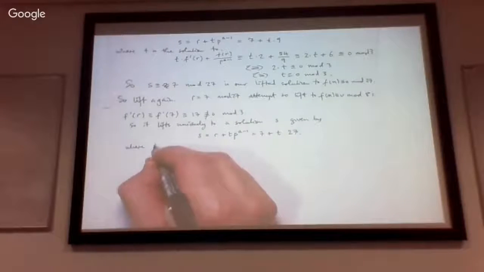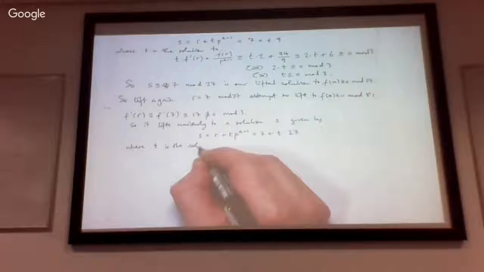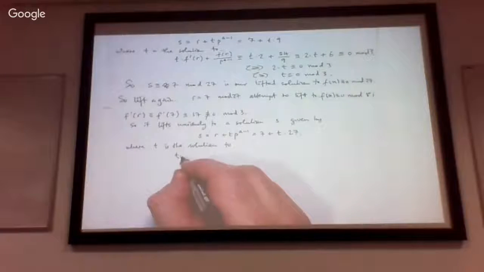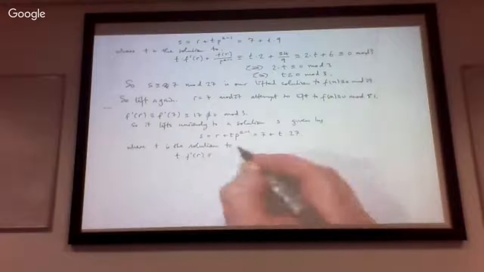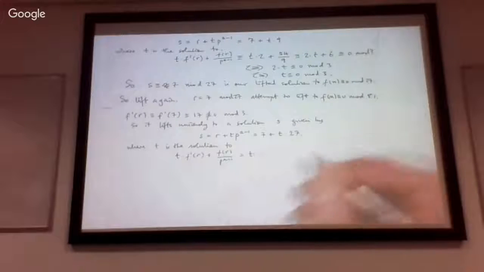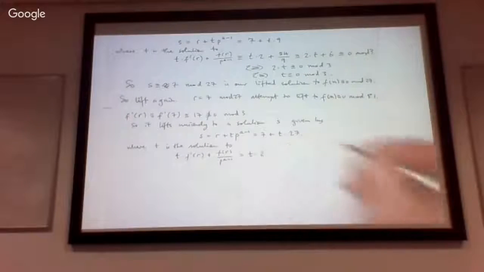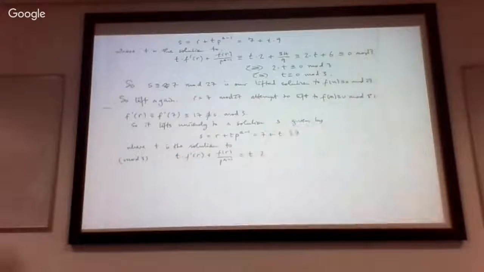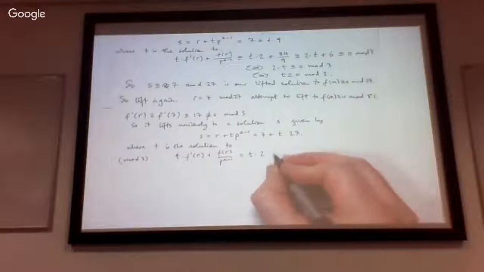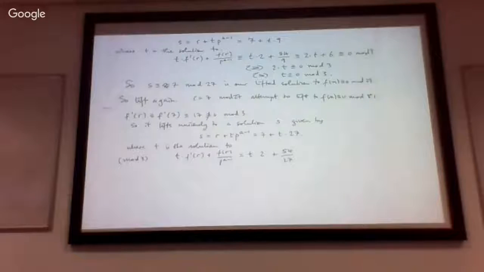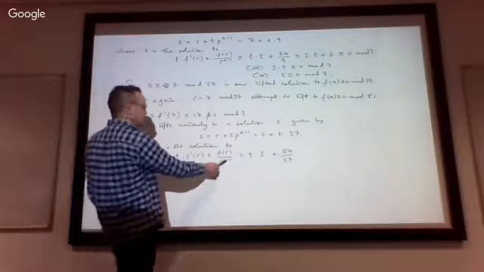For t, t is the solution to t times f prime of r plus f of r divided by p to the a minus 1, congruent to 0. f prime of r is still 17, which is 2, because we're going to consider this modulo 3. So reduce the 17 to 2, as I did before. f of r is still 54, but it's 54 divided by 27 now. That's the level we're lifting from.